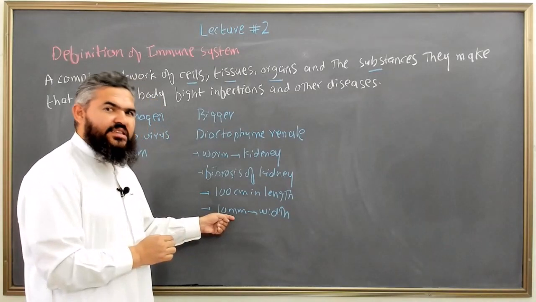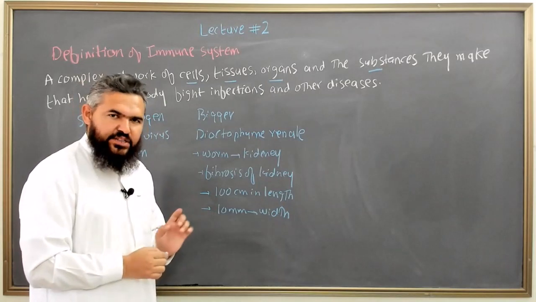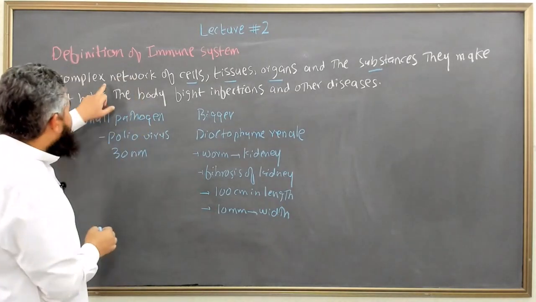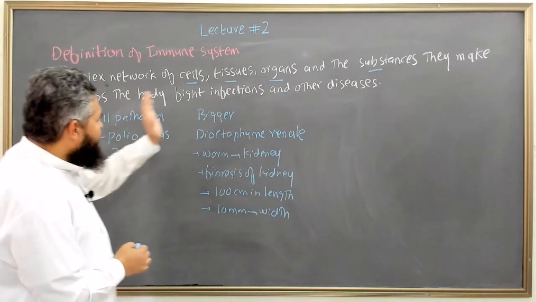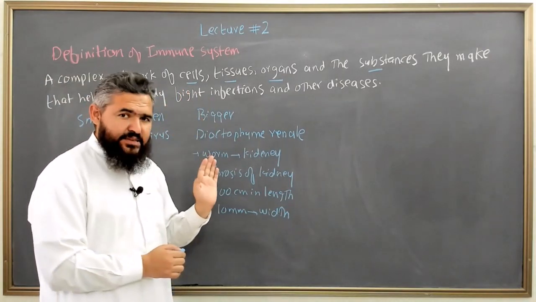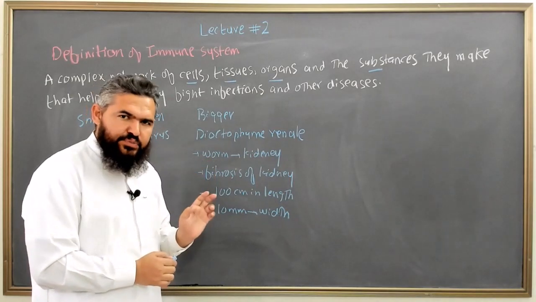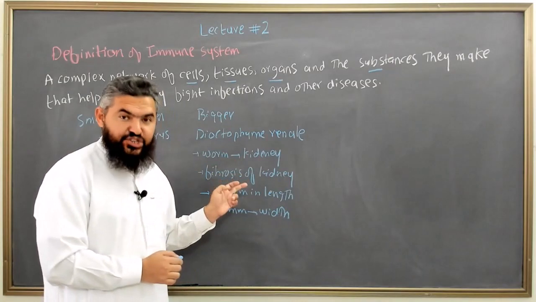What this means is that there is a variety of pathogens out there that can infect the human body, and to protect the human body we need a very complex network. Therefore, we are using a variety of cells, tissues, organs, and substances that the immune system makes so that the body can be protected from smaller organisms and from larger organisms.